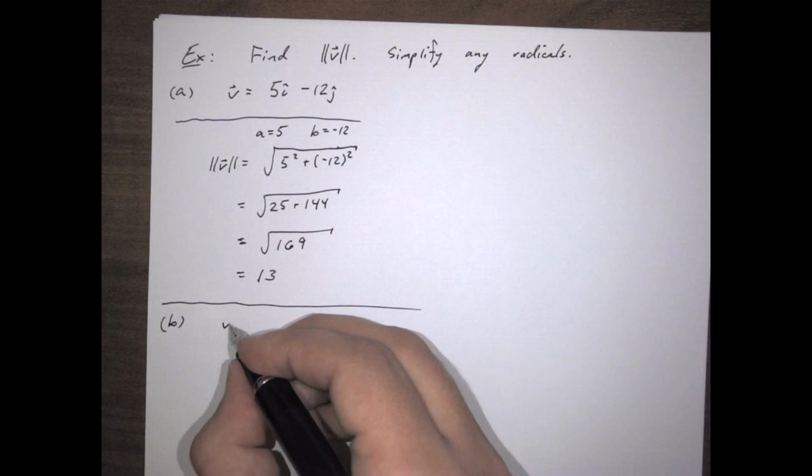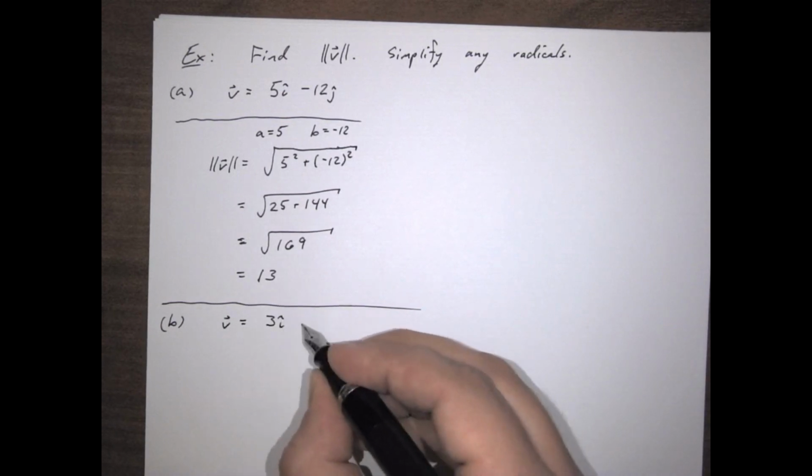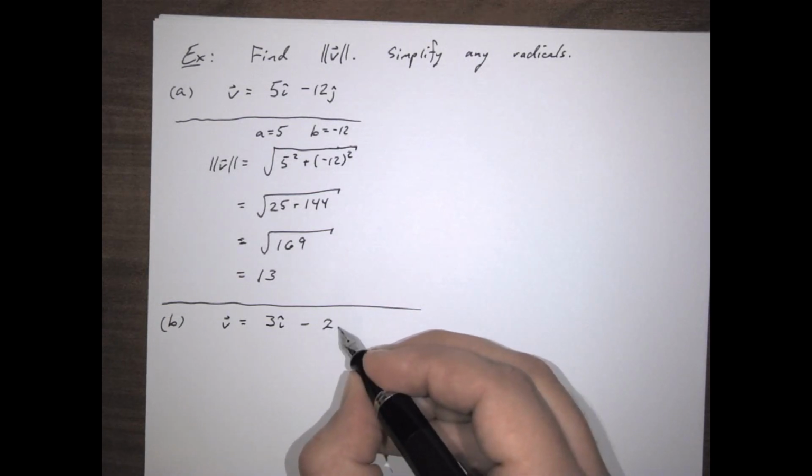All right, how about a vector like this? v equals 3i minus 2j.